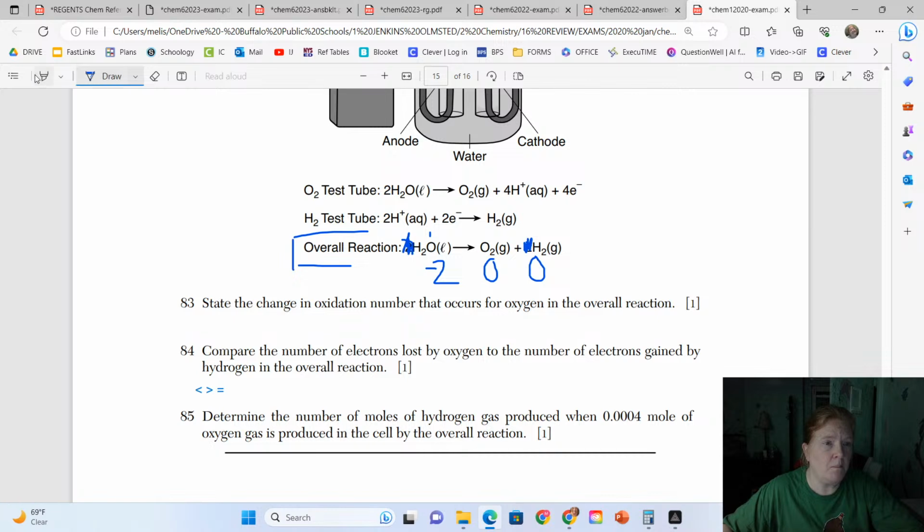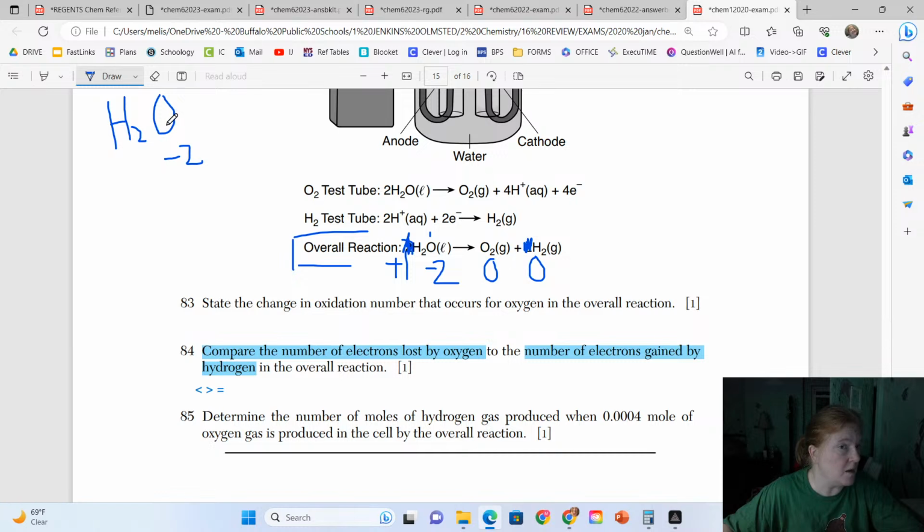So compare the number of electrons lost by oxygen to the number of electrons gained by hydrogen. I don't need hydrogen's number to answer question 83 because I just had to answer how oxygen changed. In this one on this side, hydrogen would be, and I see somebody answered it, +1. And the reason is, it's H2O, right? And O is -2, and there's one of them.